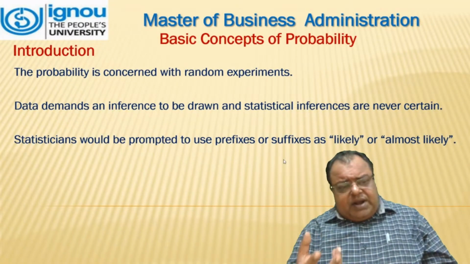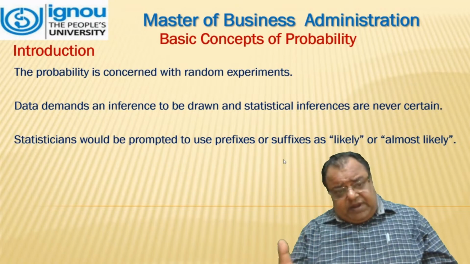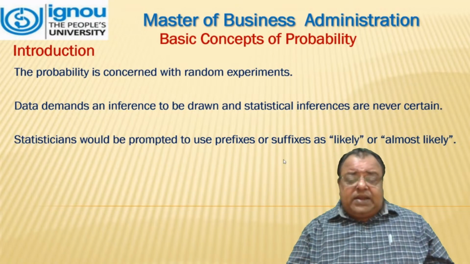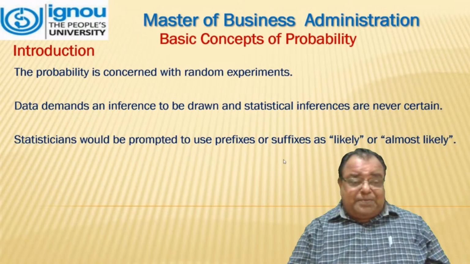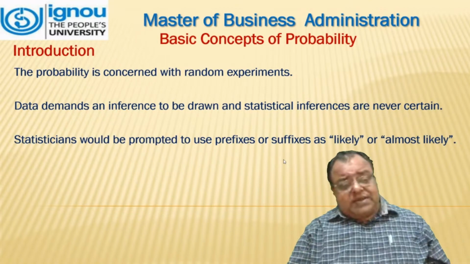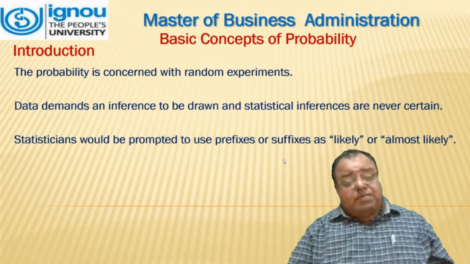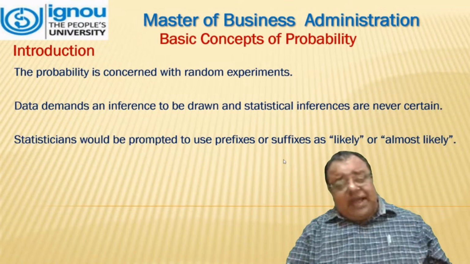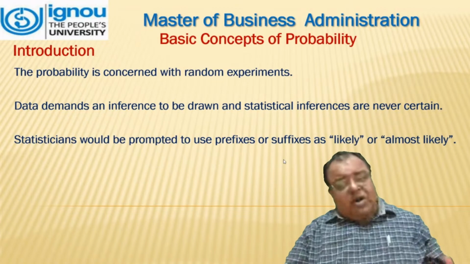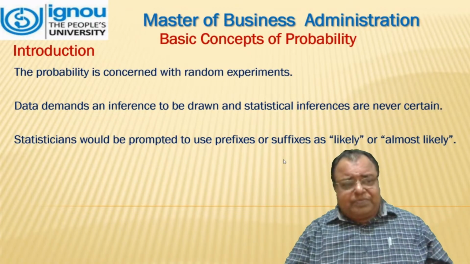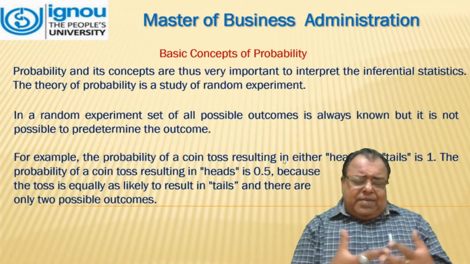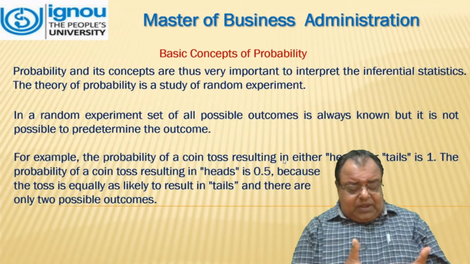Here, data demand and inference to be drawn, and statistical inferences are never certain. Statisticians will be prompted to use words such as likely or almost likely. They're not sure.